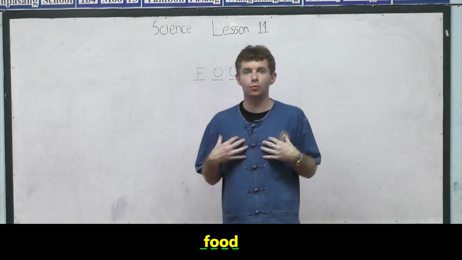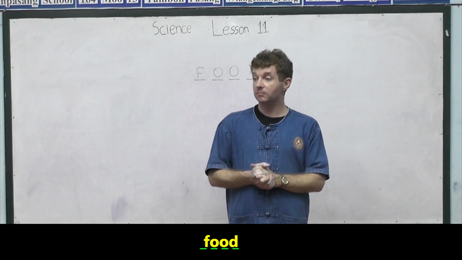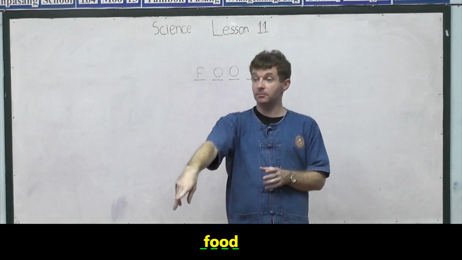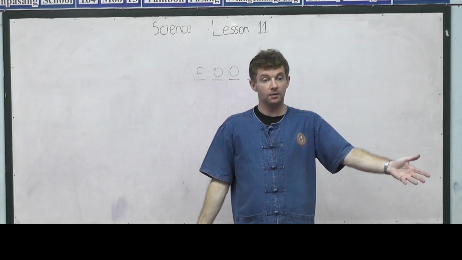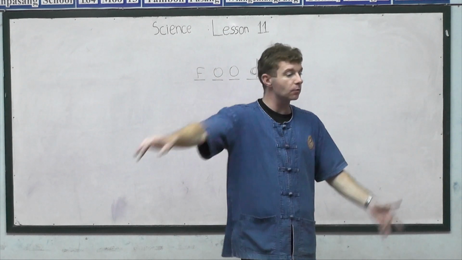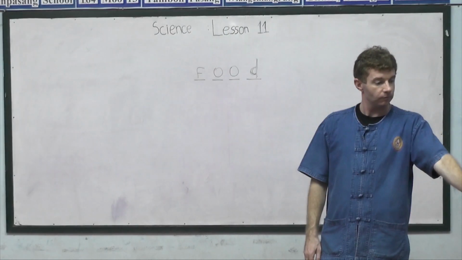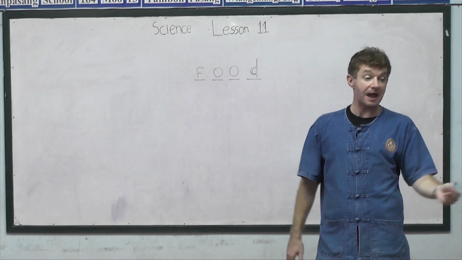What type of food do we eat? Hamburger, chicken, vegetables, fish, fruit, dairy products. Okay, let's go around the room. Pat, food? Anything. What have you eaten today? Carrot.